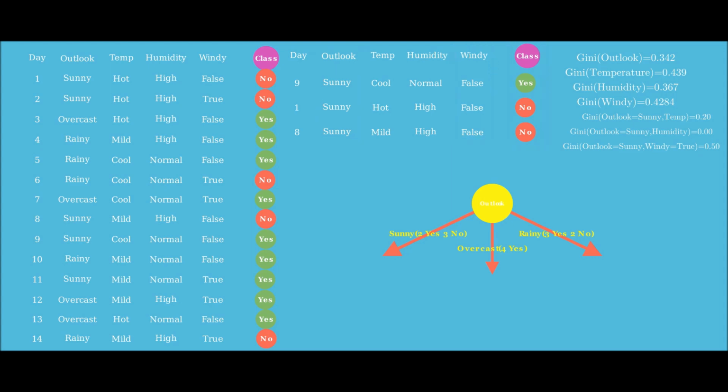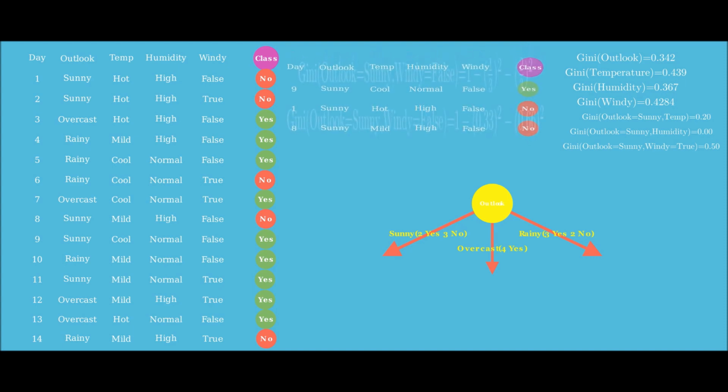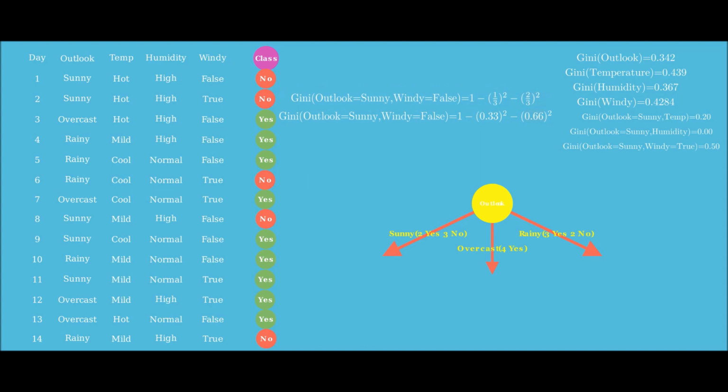where outlook feature value sunny is already given. So you can see that of all three values, humidity has the lowest value.